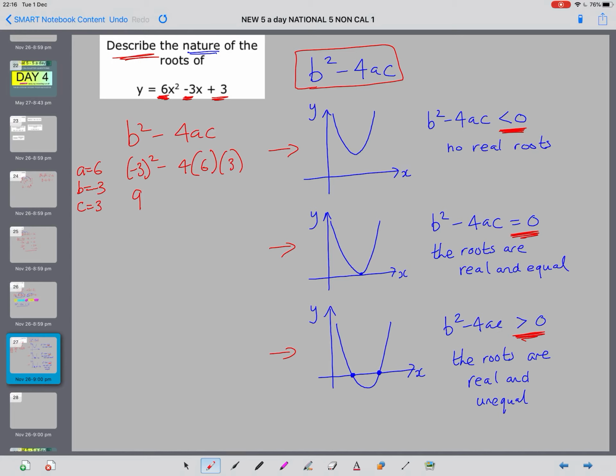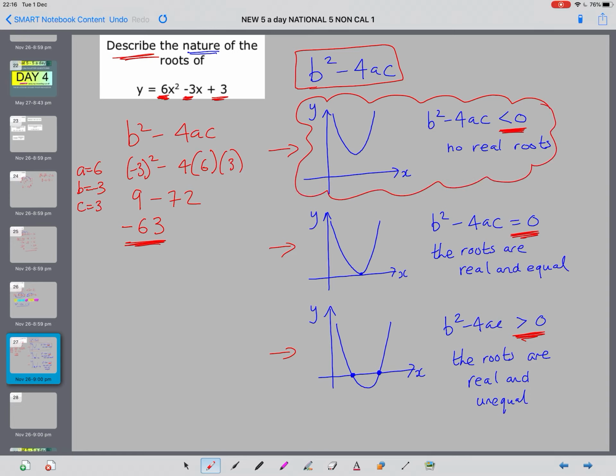4 multiplied by 6, and then negative 4 multiplied by 6 multiplied by 3 is negative 72. Then if you do 9 take away 72, you get an answer of negative 63. So this answer is negative. So it's going to be this one here.